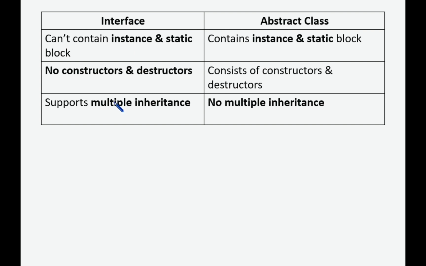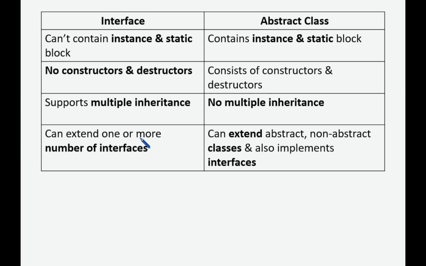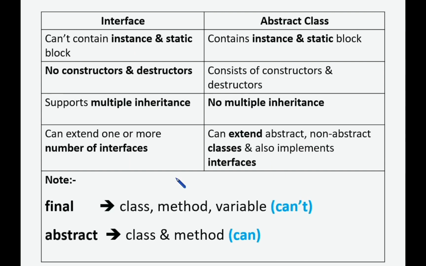An interface supports multiple inheritance in Java. By using an abstract class, we can't do any multiple inheritance. An interface can extend one or more other interfaces. Whereas an abstract class can extend abstract and non-abstract classes. Moreover, an abstract class can also implement another interface.